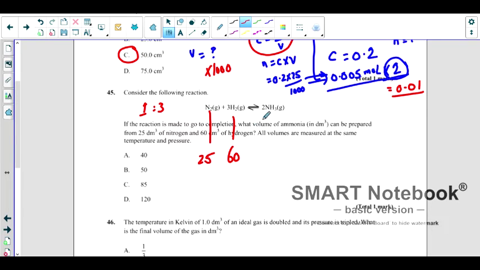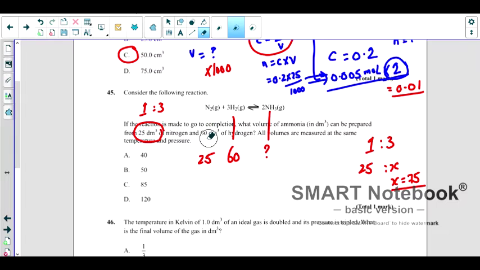Now we want to see how much product we can get. So the mole ratio says 1:3. For 1 decimeter cube of nitrogen, you need 3 decimeter cube of hydrogen. But you have 25. For 25, how much do you need? X. So the value of X is 75 decimeter cube. You need 75 decimeter cube.